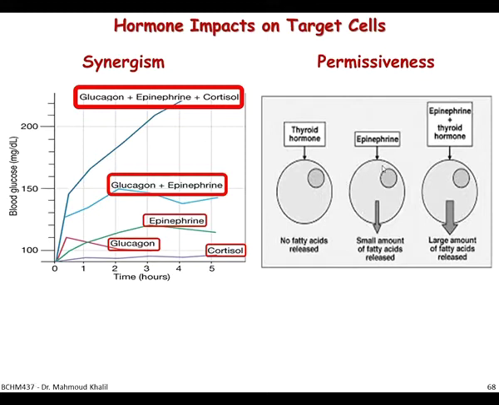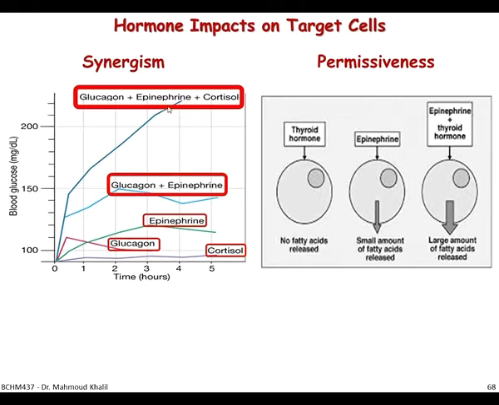While the epinephrine, when it reaches its target, will release, as in the process of burning, a small amount of fatty acids. In the presence of epinephrine plus thyroid hormone, there is a large amount of fatty acids. So it's very clear that synergism is different from permissiveness.